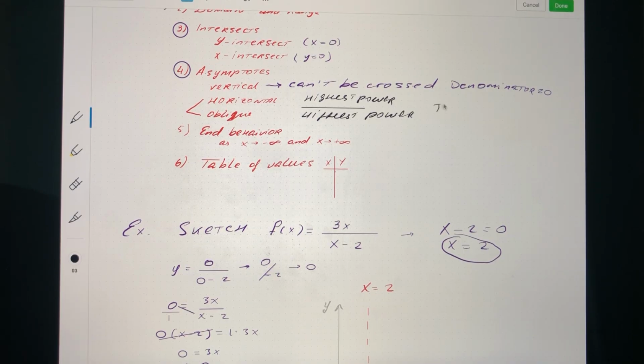If the top power is less than the bottom, then our horizontal asymptote is y equals 0. If the top equals the bottom, then our asymptote is y equals the ratio of leading coefficients.